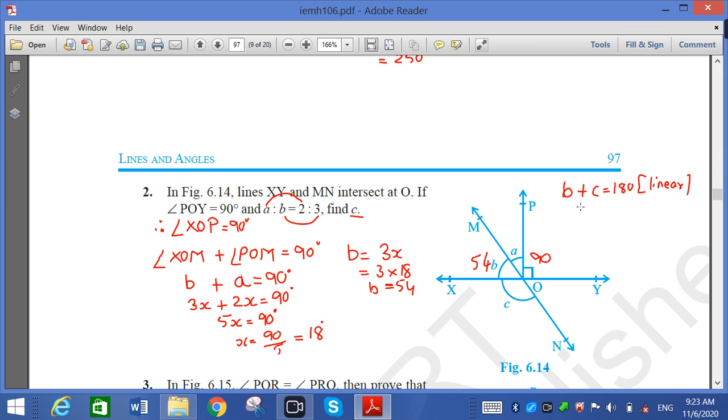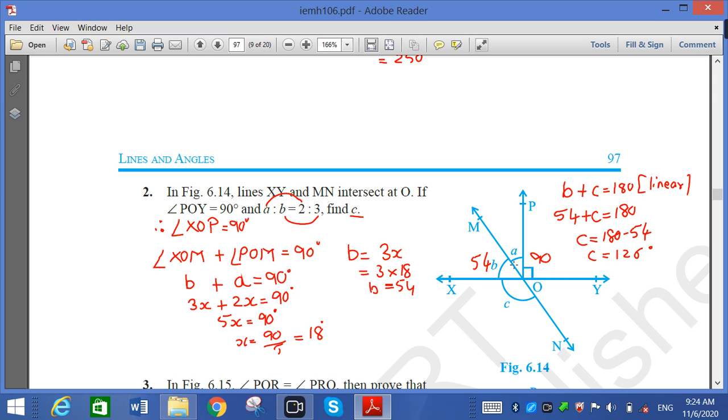So linear pair B plus C. Angle B is 54. B plus C is equal to 180, so C is equal to 180 minus 54, that is 126. So angle C is 126.